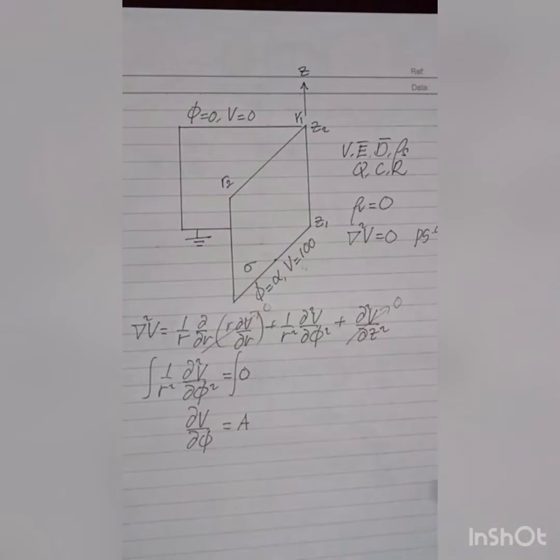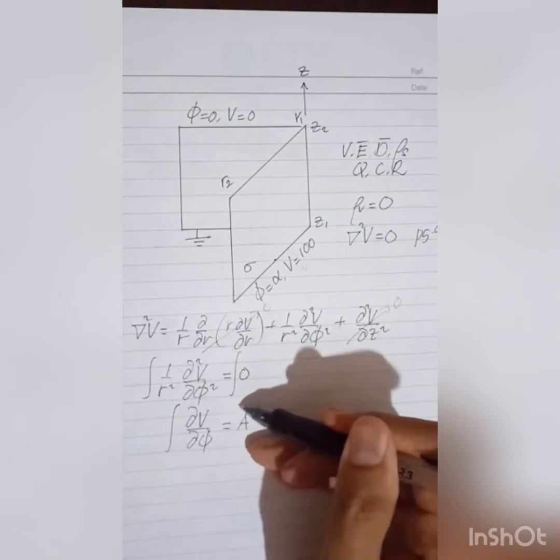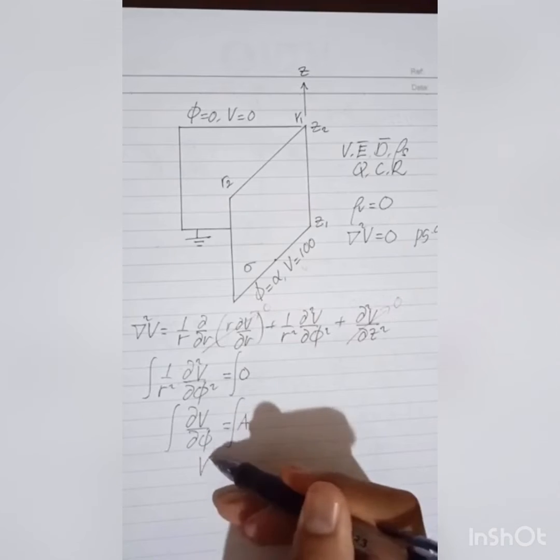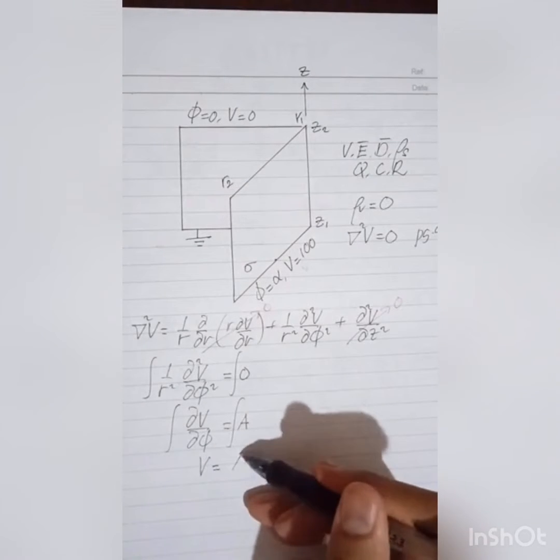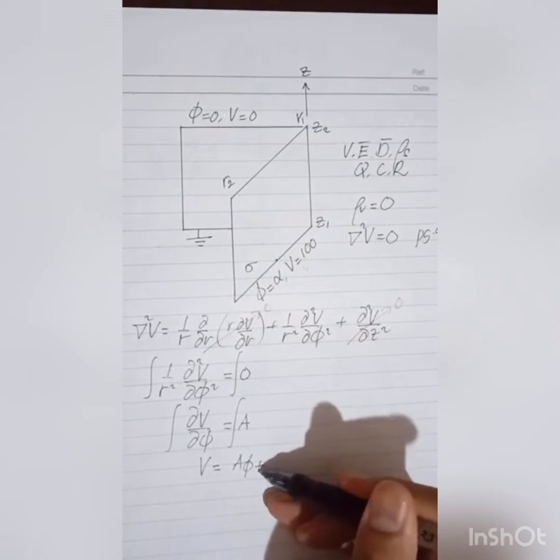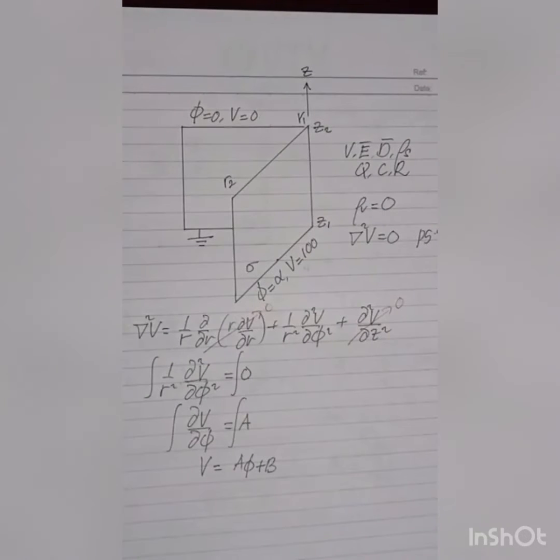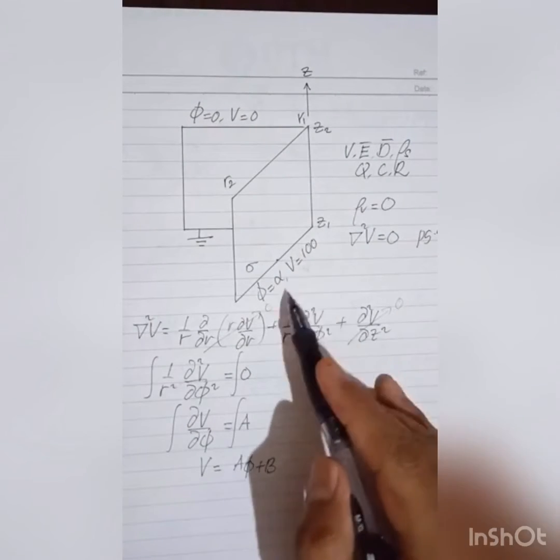Now let's do the second integration on both sides. Again, we have V equal to A phi plus B. This is our general equation of potential. We can find the specific values of A and B using the boundary conditions given here.